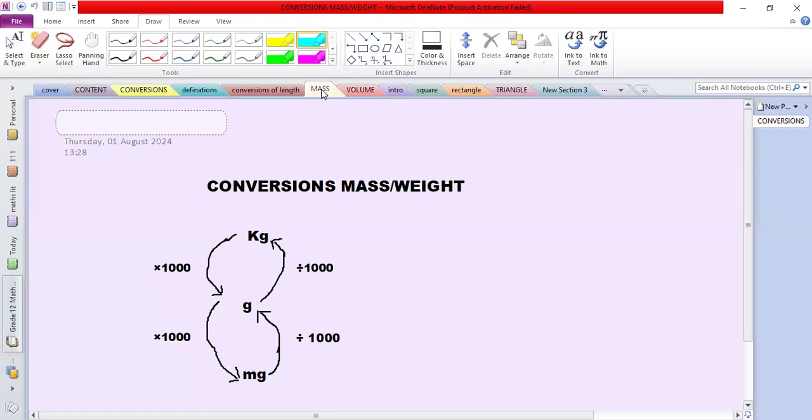So from kg to gram, you times by 1,000. From gram to milligram, you times by 1,000. But from milligram to kg, it means you will have to divide by 1,000 and divide again by 1,000. From kg to milligram, you must times by 1,000 and times again by 1,000. So that's how we do it, class.